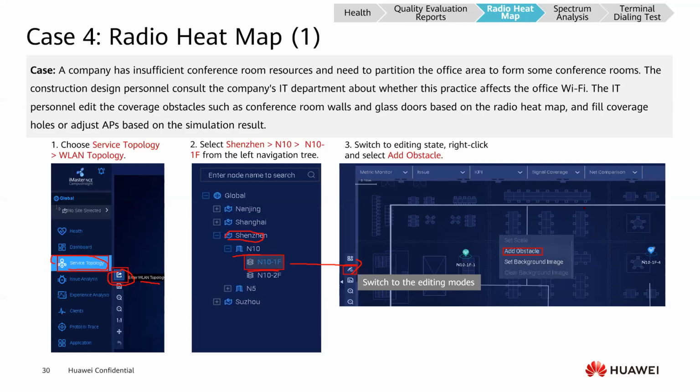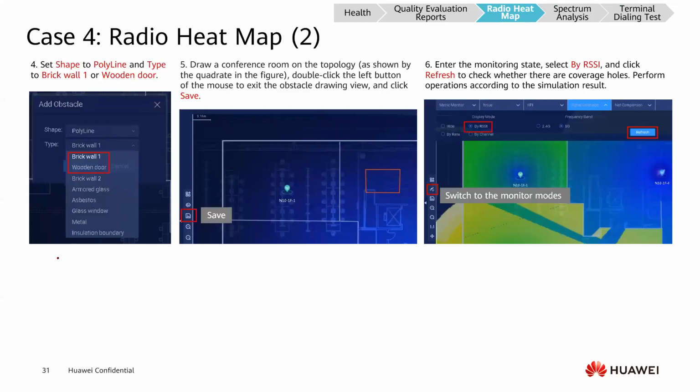And then if you want to add some new obstacles, you can right-click this page, and it has add obstacles. You can click it, and then you can select different obstacles, such as walls, wooden doors, glasses, tinted glasses, brick walls, and so on.